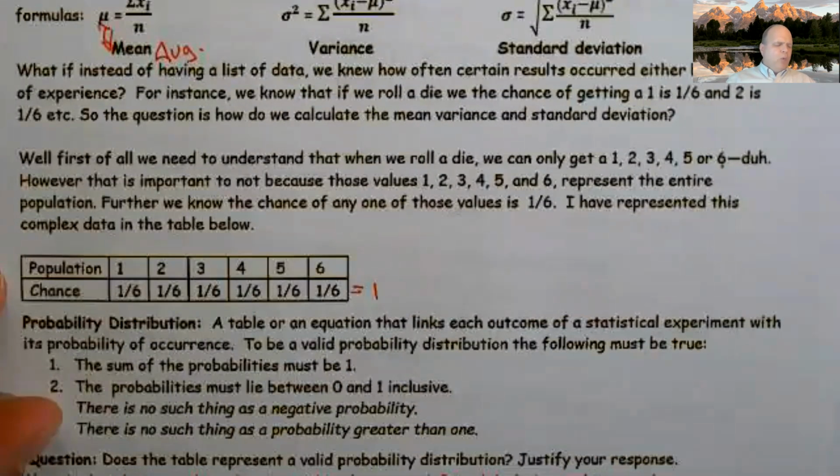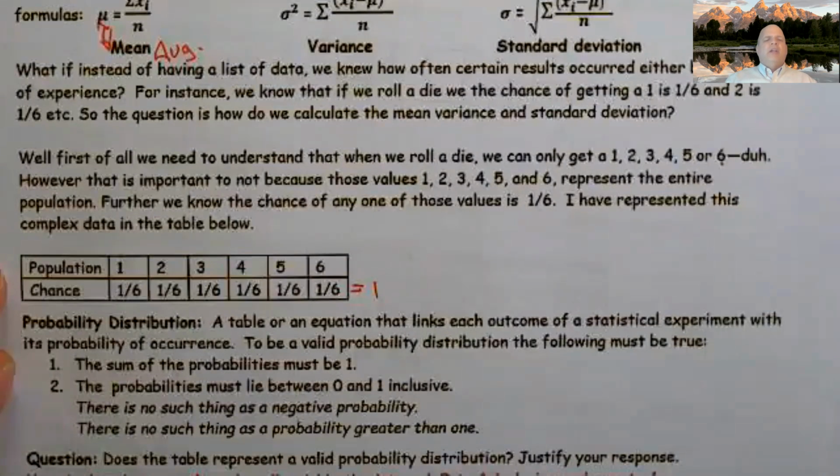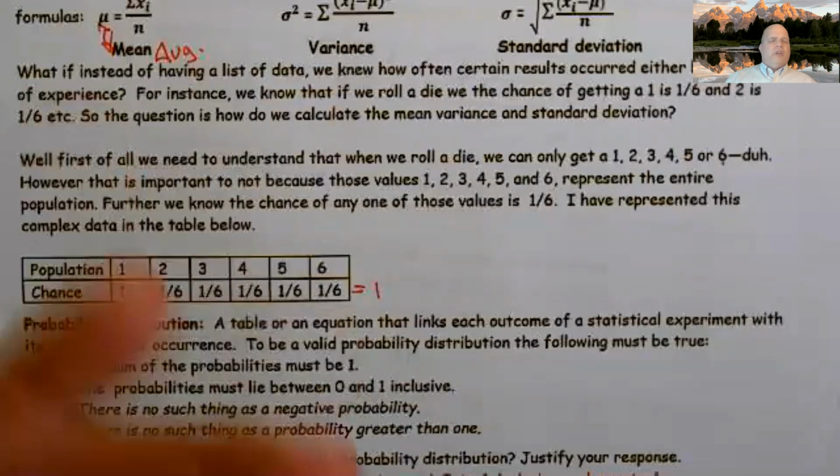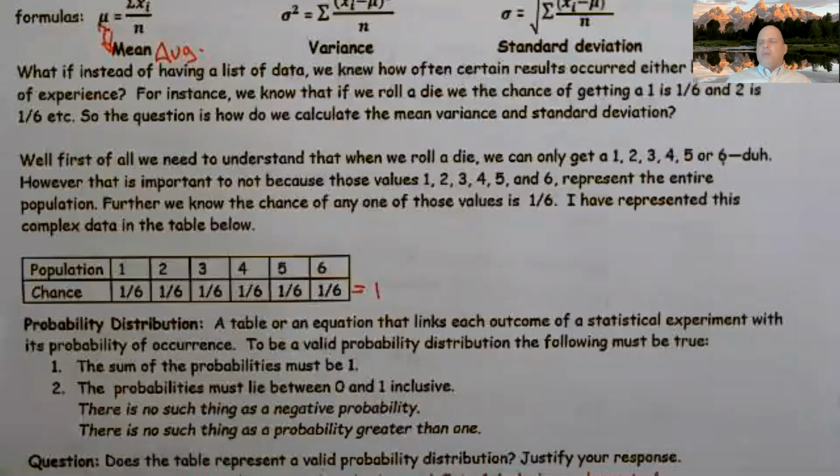They have to add up to 1. And there's no such thing as a negative probability, and there's no such thing as a probability greater than 1. So all the probabilities must be between 0 and 1 inclusive. If it's a probability of 0, it means it can never possibly occur. And if it's 1, it means it happens every single time.